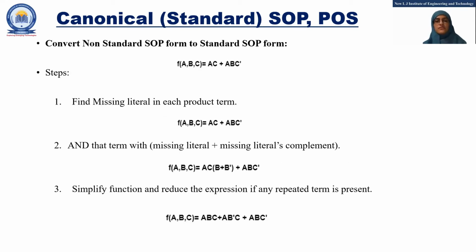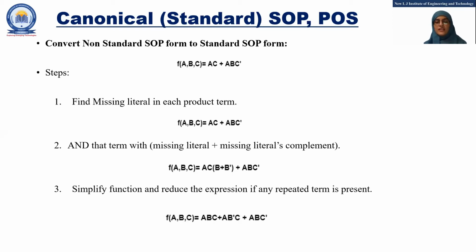Next is conversion from non-standard SOP form to standard SOP form. Here the question is function of ABC is equal to AC plus ABC prime. This is the non-standard SOP form. To convert it into the standard SOP form, the first step is to find the missing literal in each product term. Here in the AC, the missing literal is B, and in the A, B and C prime, all the literals are present.